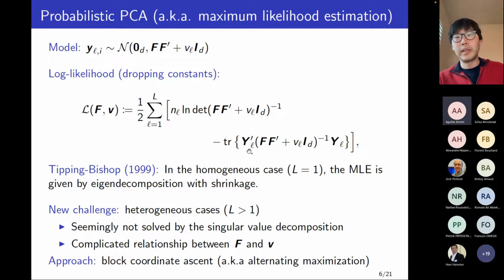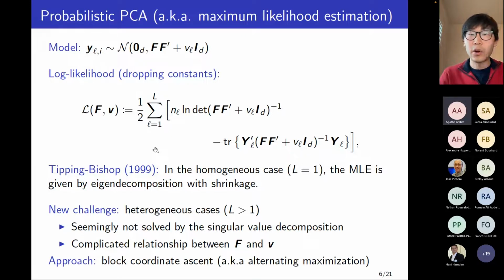So here, what you can see though is that F basically appears in both the log determinant term and this term, as does V. Okay, and so now we have big L of these terms added together, and for each of those terms we have a different V_l, different Y_l, same F. Okay.